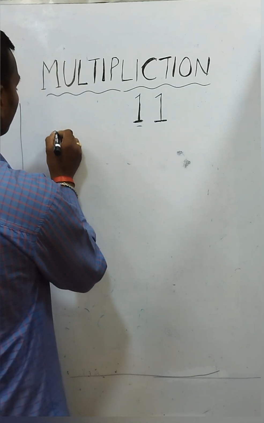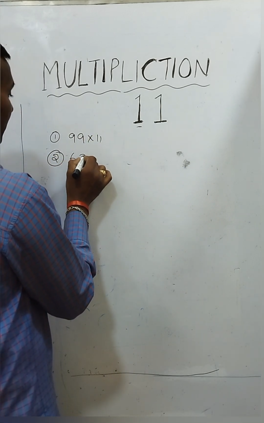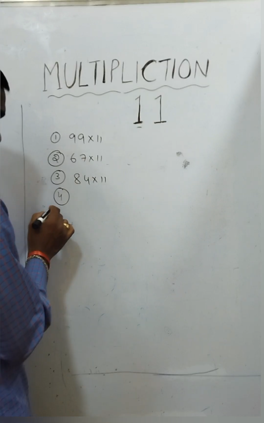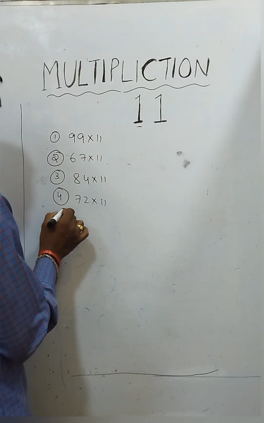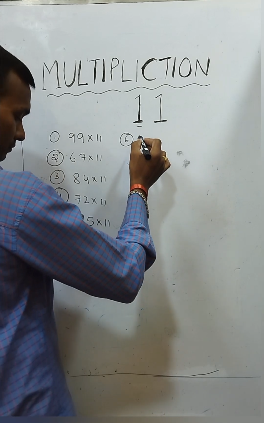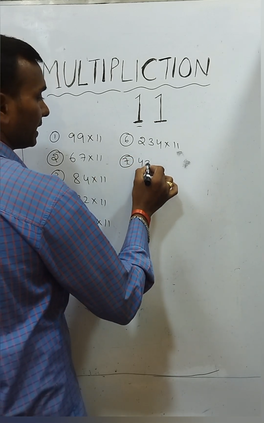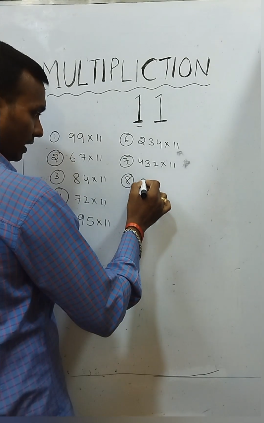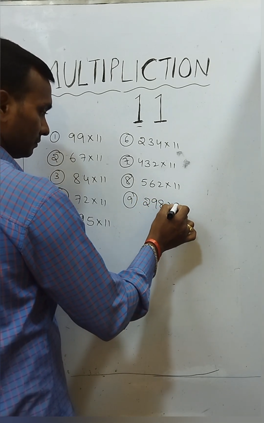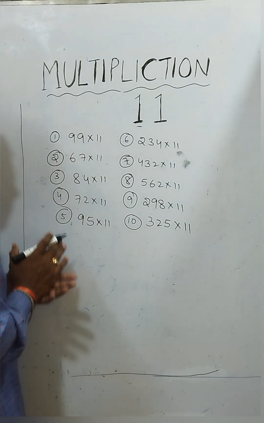The questions are: 99 into 11, 67 into 11, 84 into 11, 72 into 11, 95 into 11, 234 into 11, 432 into 11, 562 into 11, 298 into 11, and last, 325 into 11. Practice these questions by using this method.